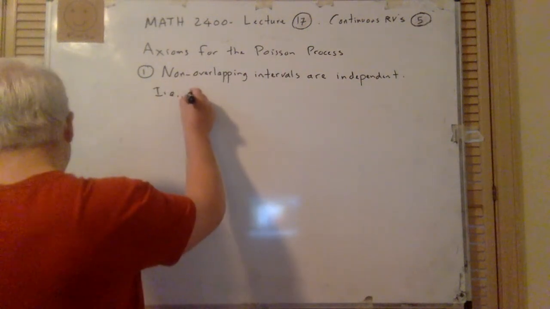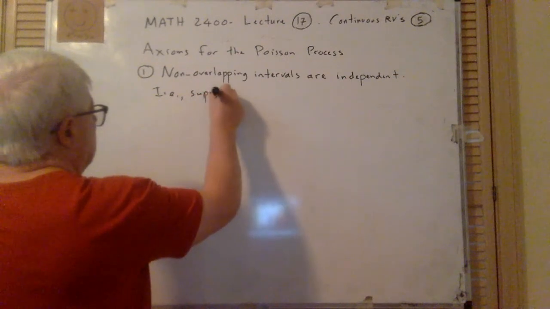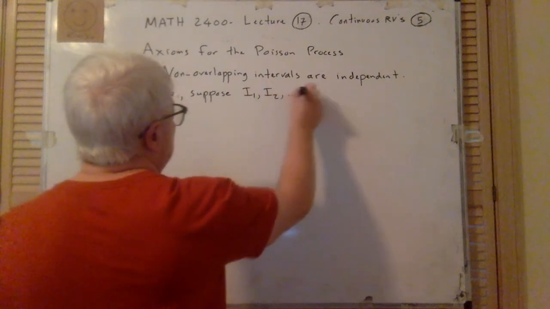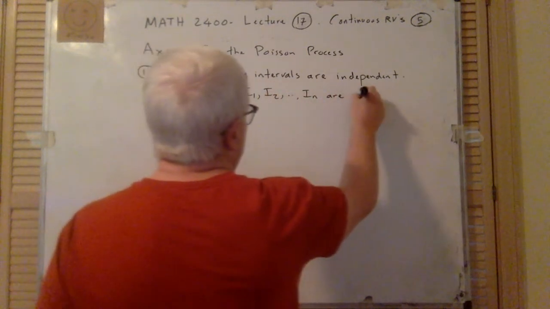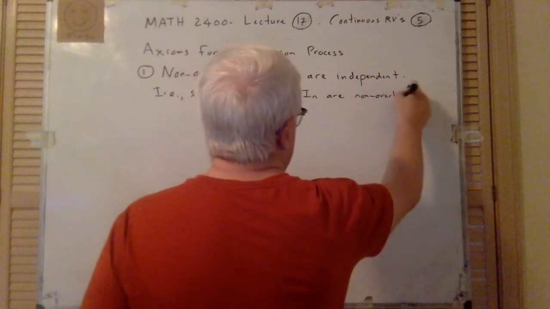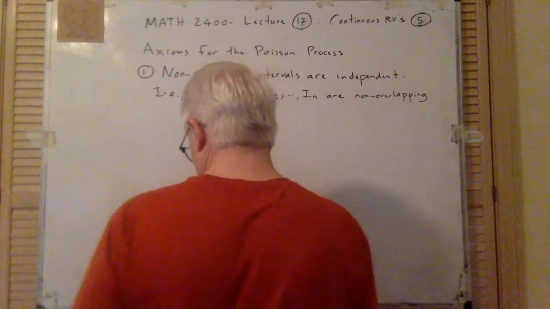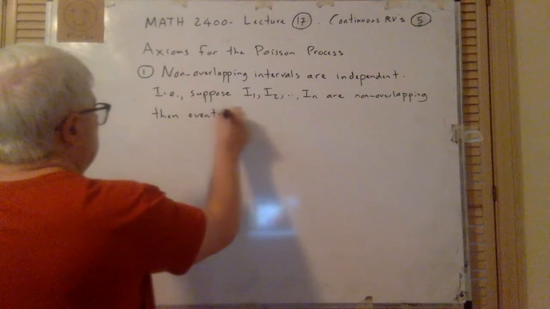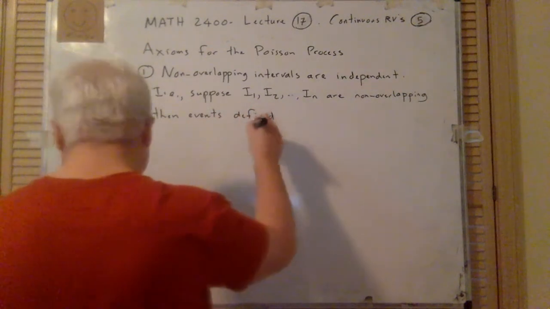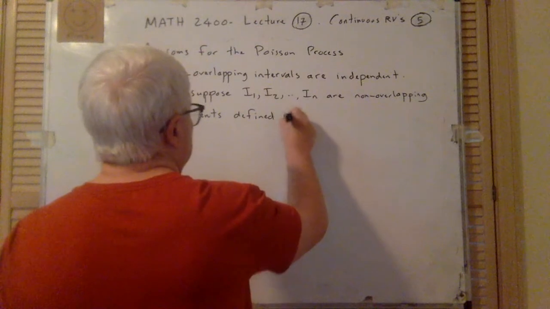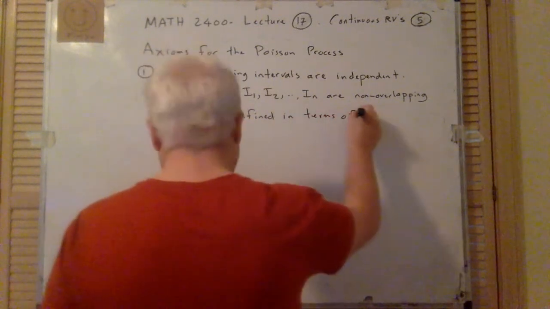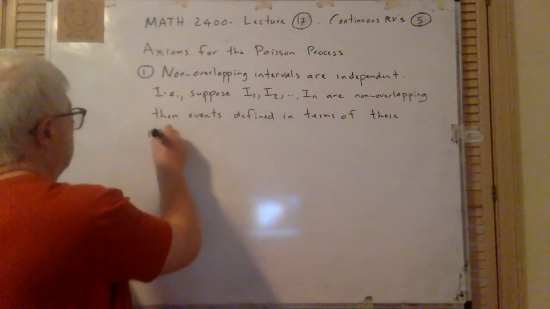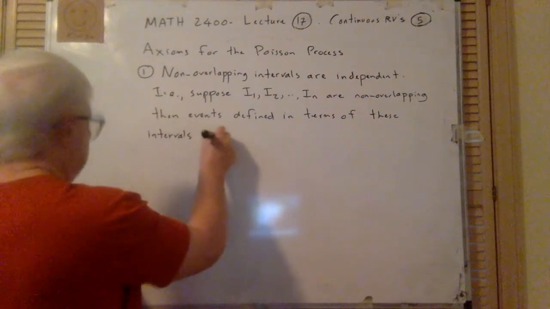Suppose I1, I2, ..., IN are non-overlapping. Then events defined in terms of these intervals are independent.